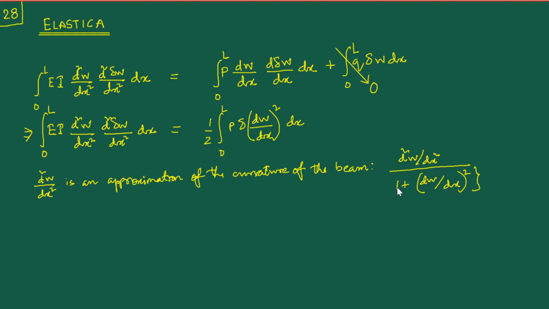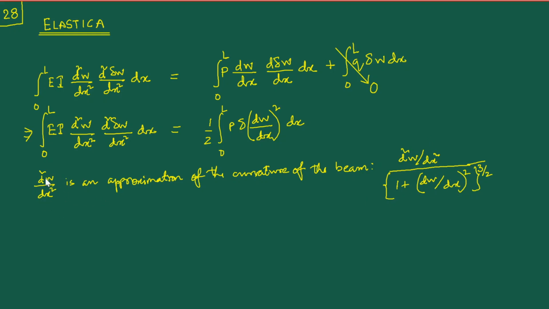The whole thing is within a 3 by 2 power. All right. So what we basically say is that if dw dx is not too large compared to 1, or is rather small compared to 1, then this entire term basically reduces to d squared w dx squared approximately. Okay. So now we want to go in the reverse direction.